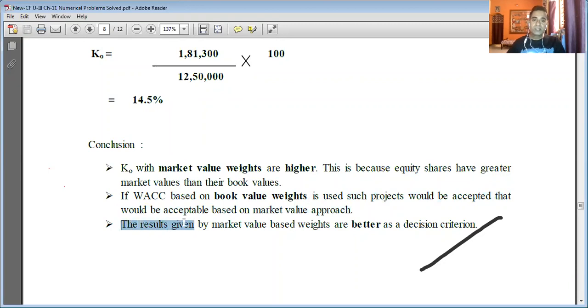The results given by market value based weights are better as a decision criterion, as they enable a company to understand what the actual cash inflows are.